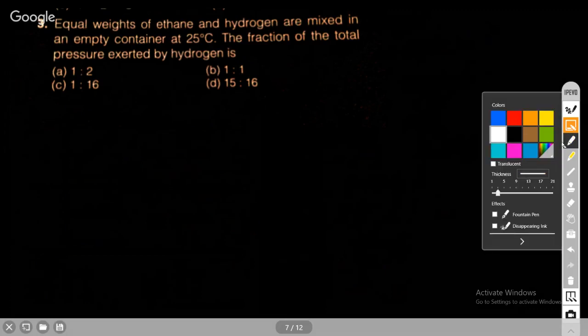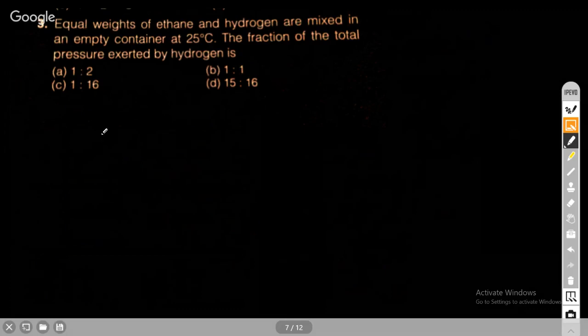Fraction of total pressure is nothing but partial pressure. Total pressure, suppose we have PT.